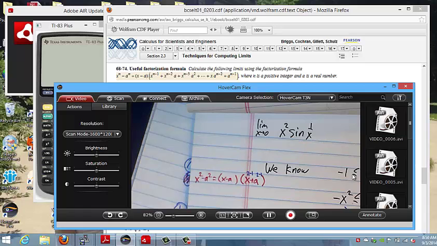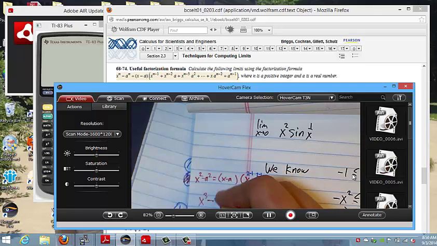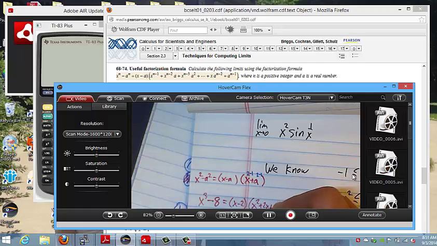I remember last time on the group work, last Friday, there was a problem where I had x cubed minus, I forget if it was 8. Yeah, it was 8. 8, of course, is also a perfect cube. It's 2 cubed, right? So we wrote it as x minus 2 times x squared plus 2x plus 4.